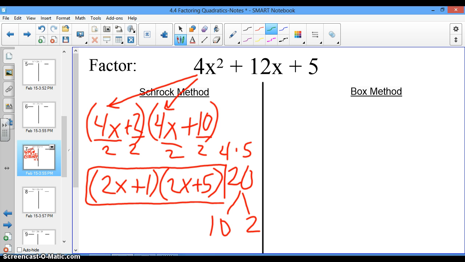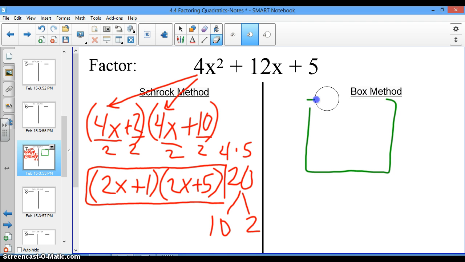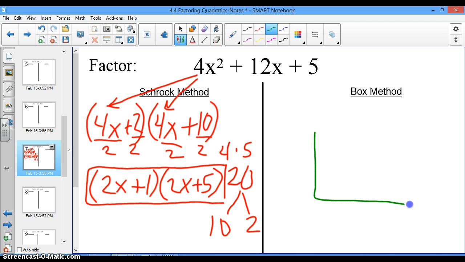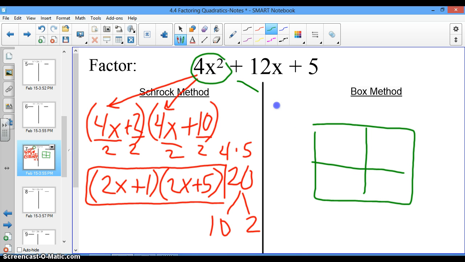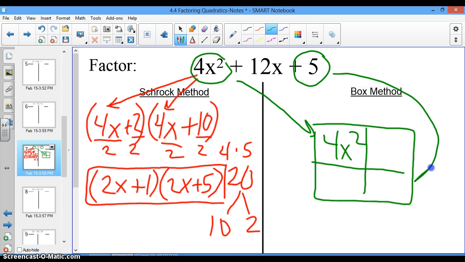Box method. There was no GCF, so I go straight to drawing a box with 4 squares. Put your x squared term in the top left, your last term 5 in the bottom right.